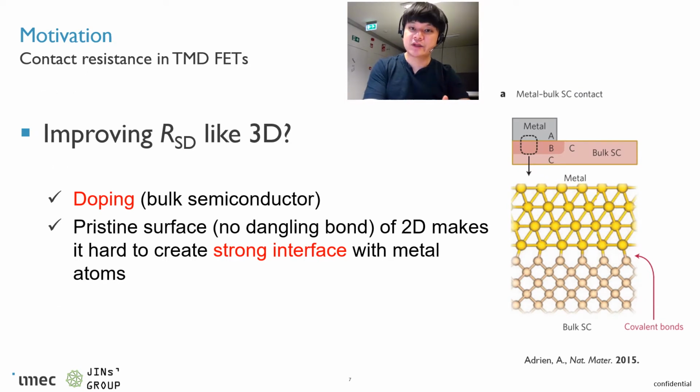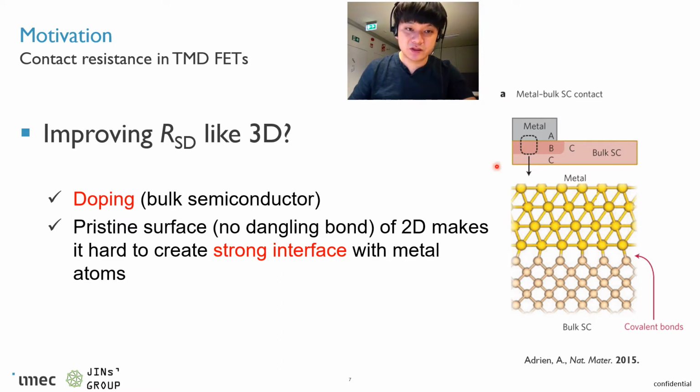We talked about the disadvantages and why this large contact resistance occurs, so let me talk about how we can improve the contact resistance. If the semiconductor were a three-dimensional bulk material, we could usually improve it through doping.